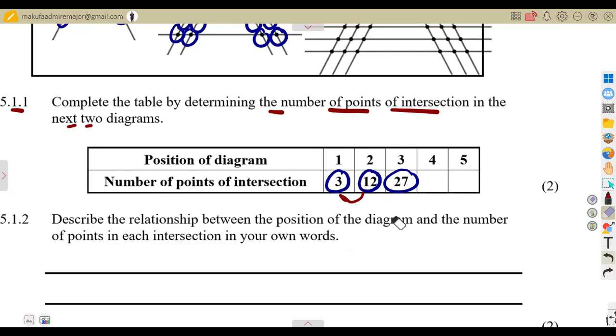What is happening? 3, 12, 27, these numbers, they are important values. If we are to consider, there are two things. One, the differences which are thereafter.